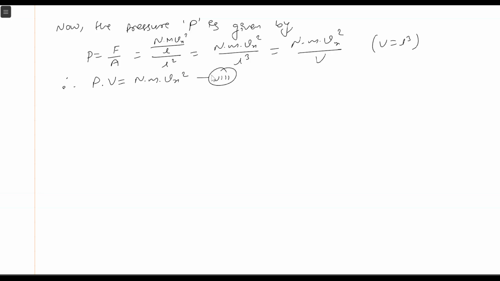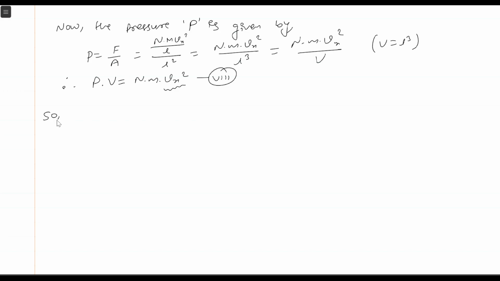So we get the left hand side. Now we need to do the work of the right hand side. Here we have velocity Vx, right? We only consider the particle to be moving in x direction. But does the particle only move in x direction? No, the particle moves in all three directions, right?